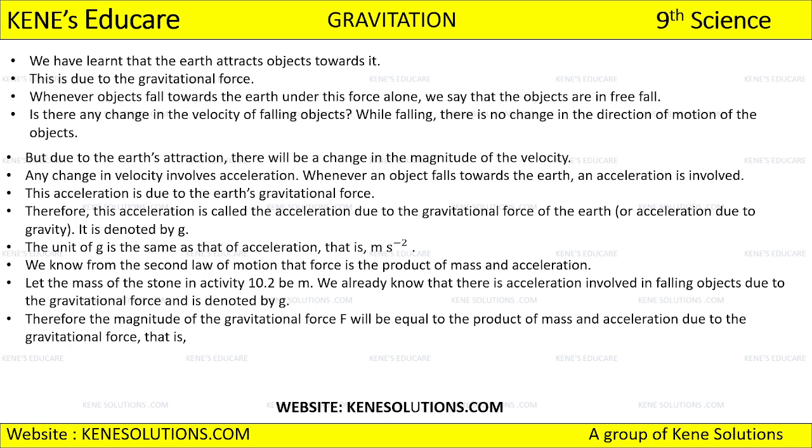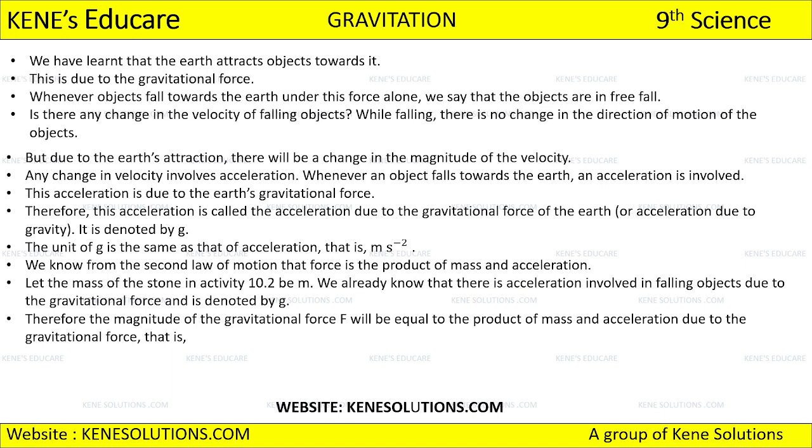So the direction will not change, but the magnitude will change. Any change in velocity involves acceleration. So if the magnitude is changing, the velocity is changing, then acceleration is involved over there. Acceleration means it is going to get accelerated, and there will be a change in the magnitude of the velocity as well. So as I said, whenever there is a change in the velocity, it is going to involve acceleration.